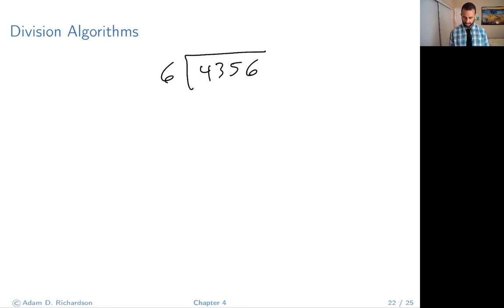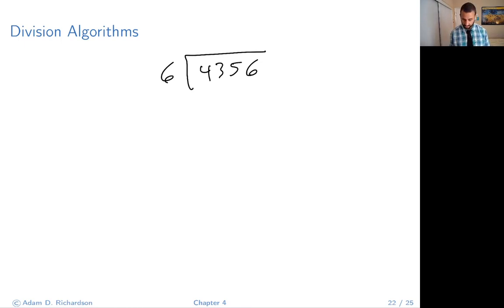And even if I were to move this 6 up here visually, that's not the division problem that I'm calculating. So even the structure is already a little bit awkward, right? Okay, so let's see if I can remember how to do this. The teacher told me that I need to find the biggest number that's smaller than 43 that's also a multiple of 6. Okay, what are the multiples of 6?